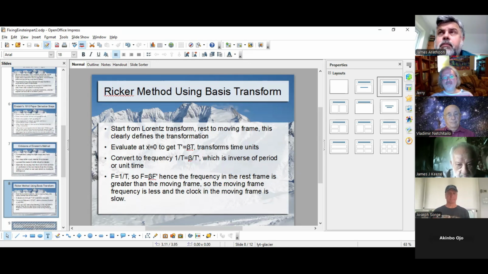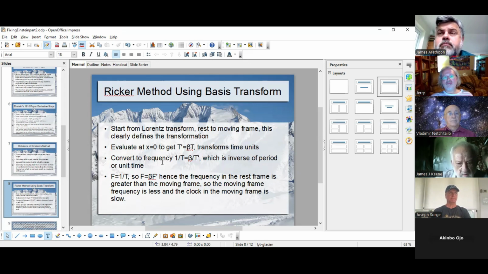We didn't go through all this business of deriving the inverse Lorentz transform, setting x prime equal to 0, getting the transform from the moving frame to the rest frame, and then counting time on the clock in the rest frame. We just start from the rest frame and find out how time is changed in the moving frame.